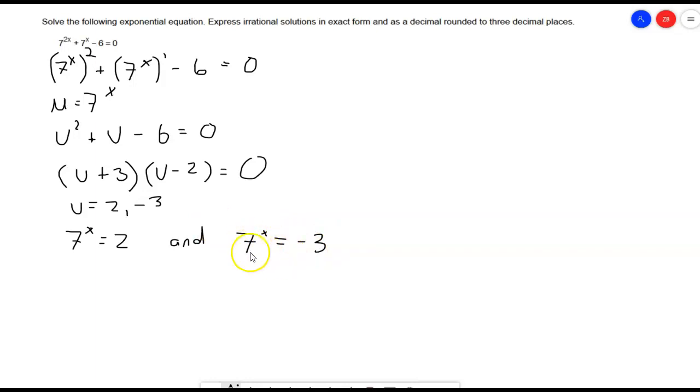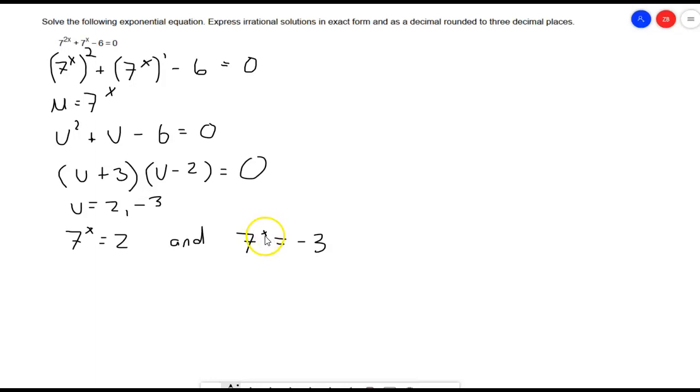Now, remember, 7 raised to a variable is always going to be a positive number. Why? Well, because if I have a positive x here, that's just going to be a positive number raised to a positive number, which gives me a positive number. If this is a negative value here, we just put it 1 over 7 raised to a positive value, which gives us a positive value.